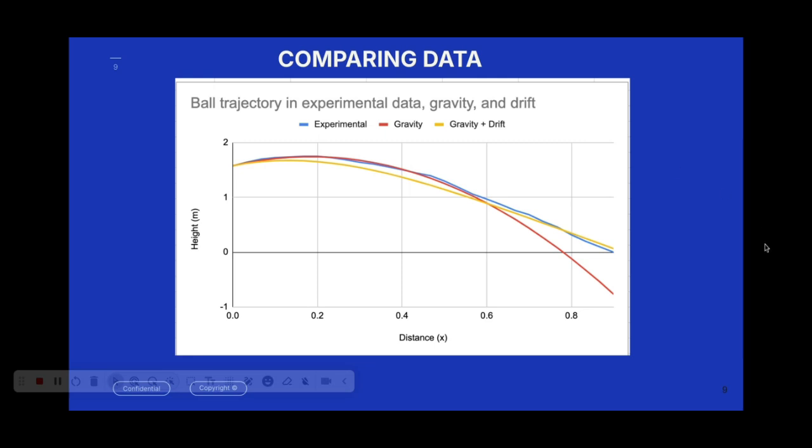So comparing the trajectory, the x versus y, you can see that just the gravity code is very off. It's almost at that -1 meter mark. But when we add that drag to the line, the experimental and gravity plus drag are very, very similar.